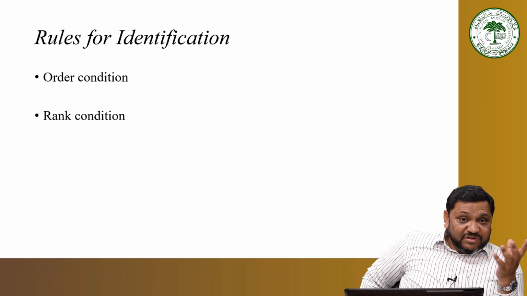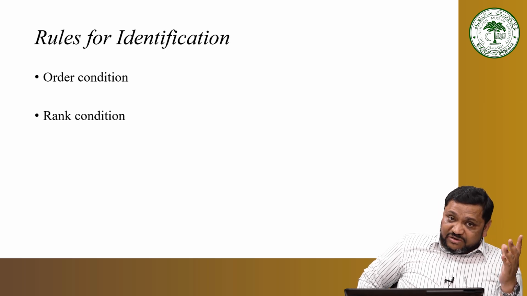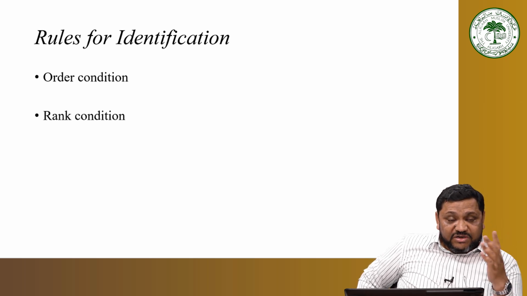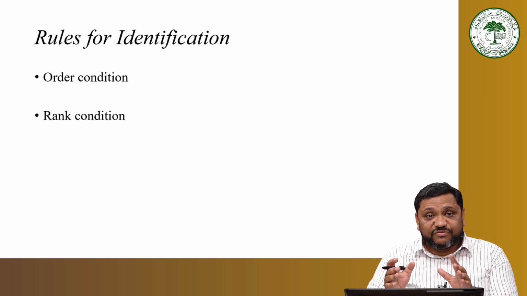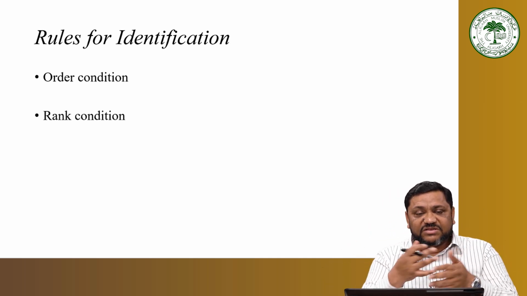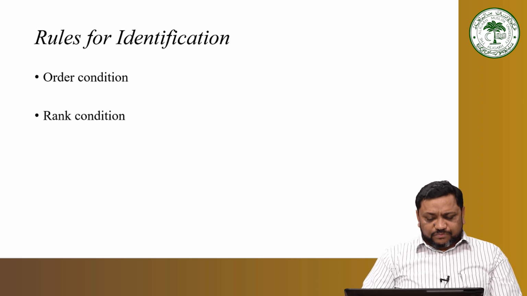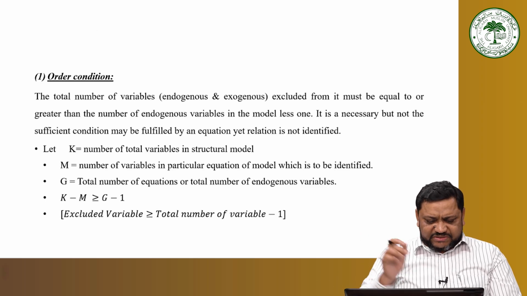We are basically incorporating the same thing: for the identification of the demand function, we need variables which do not impact the demand function but impact the supply function, and vice versa for the supply function. So now let us see.